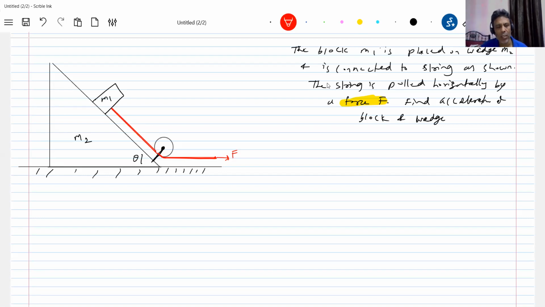Whatever forces act on the pulley should be acting on the wedge. Is it clear? What force is acting on the pulley? Because the pulley is connected to the wedge, that force is acting also on the wedge. You have to keep this in mind.